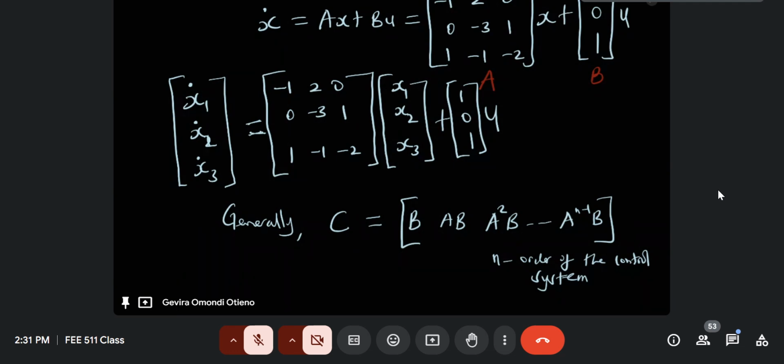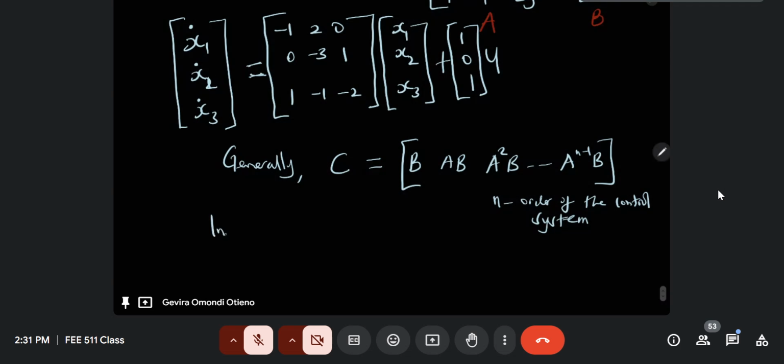So in this case, we can see clearly from the state matrix that the order is n equals 3, because we have 3 state variables, meaning the differential equation is of order 3. So n is 3. Therefore, our controllability matrix would be B, AB, and A squared B.